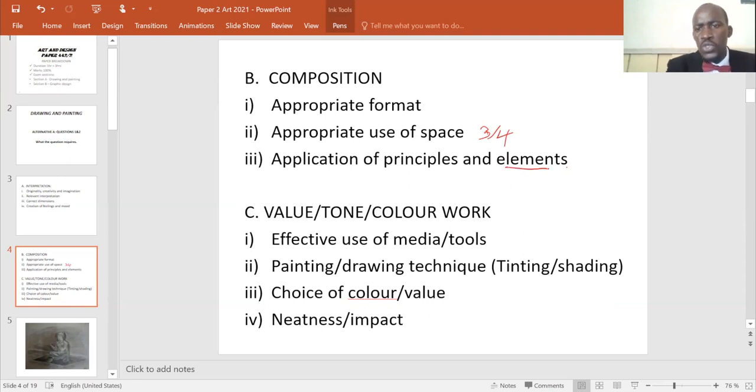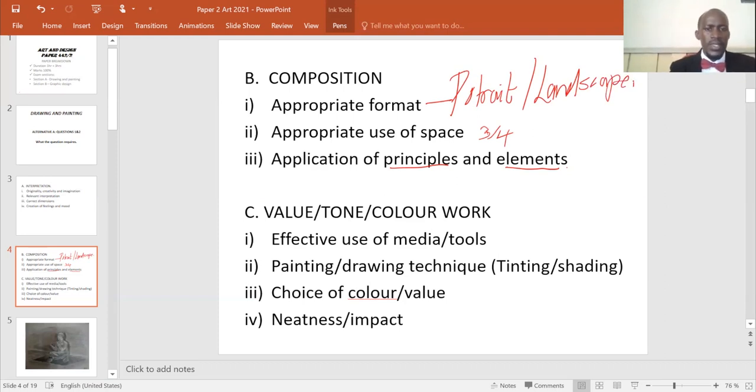Ensure you use the correct elements and principles in your work, and pay much attention to the appropriate format, either portrait or landscape. All this is supposed to give you close to 20 marks for the composition.